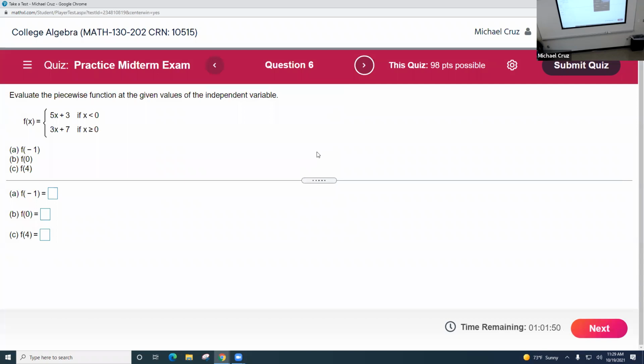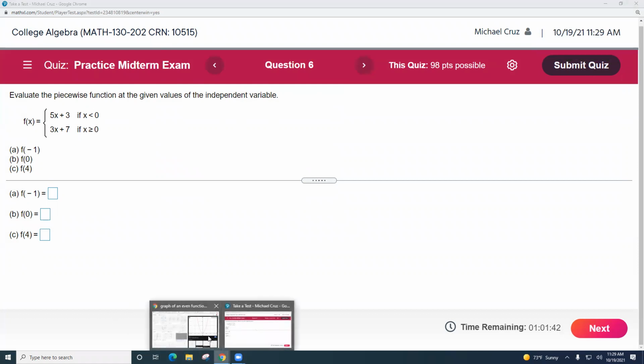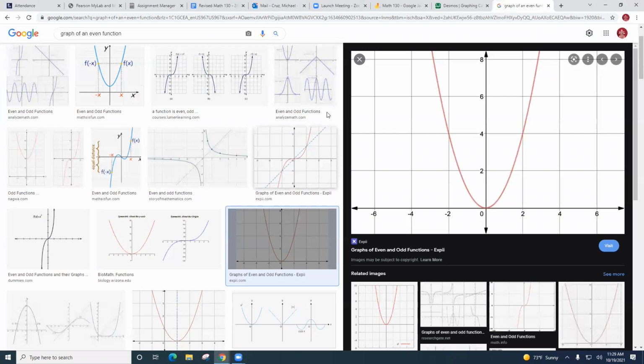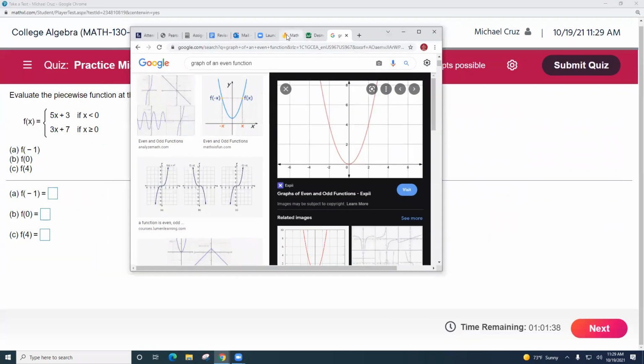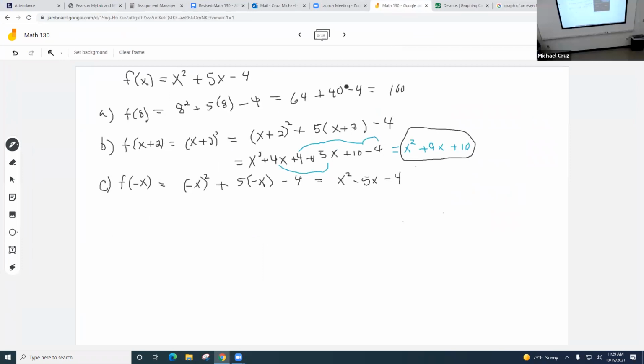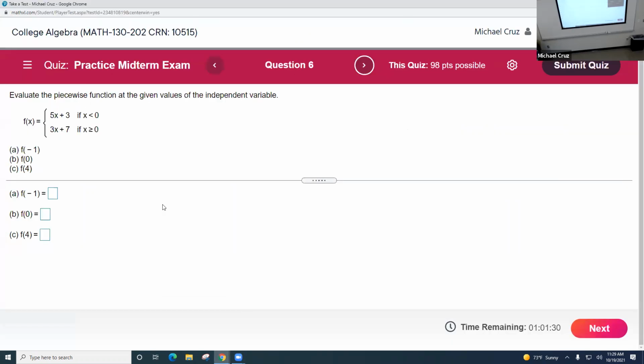All right, so piecewise functions. Y'all know how to do that? That's just a matter of plugging in for each one. I mean, you look at the x value. Okay. All right. So let's go back over to it.